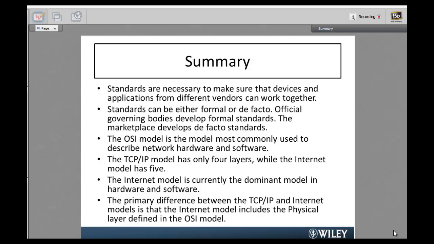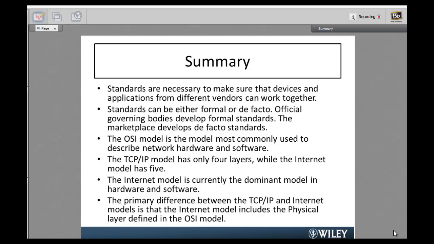how it will work. For example, when you send data, when it goes through the application layer, then the presentation layer, what will happen exactly? Okay. So, as a summary, standards are necessary to make sure that the devices and applications from different vendors can work together.